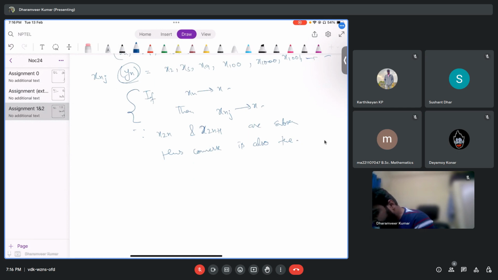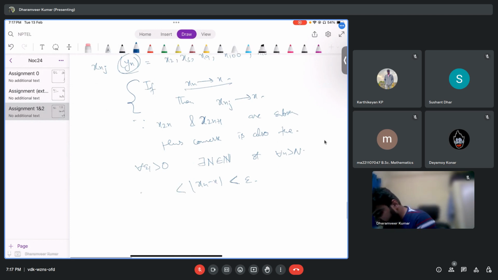So you already have for some epsilon 1 greater than 0, there exists a natural number such that for all n greater than n, this holds, but for a subsequence, this is always true.